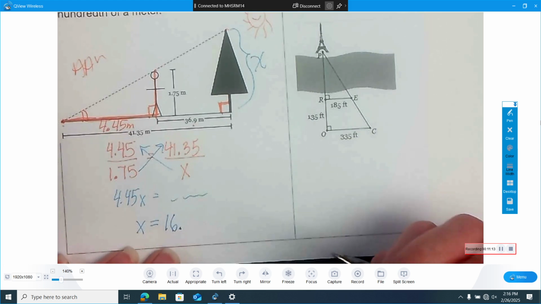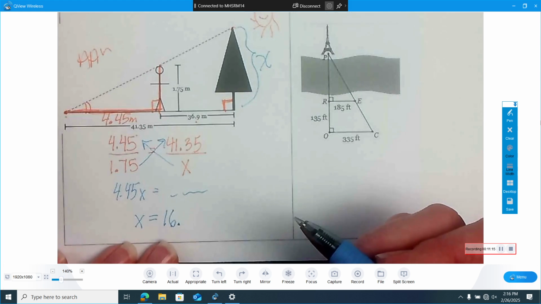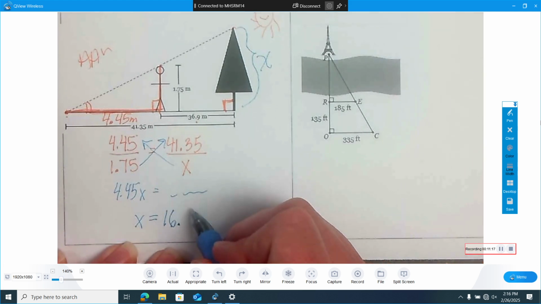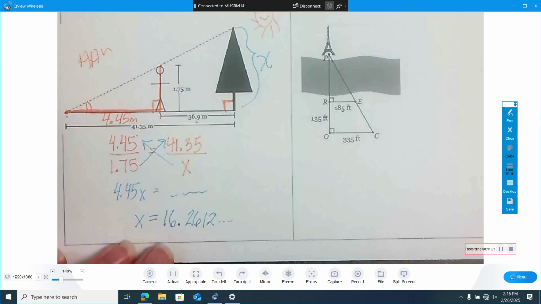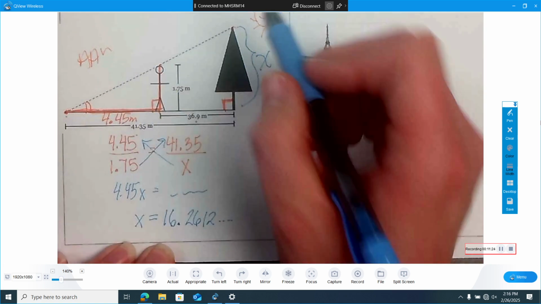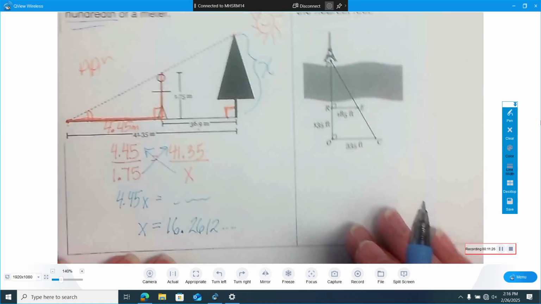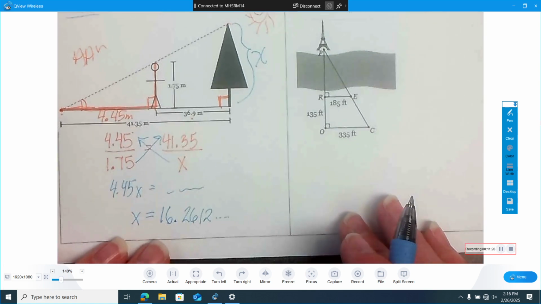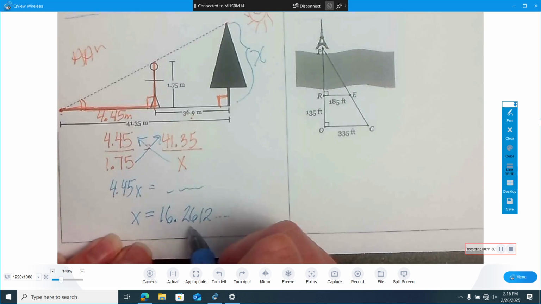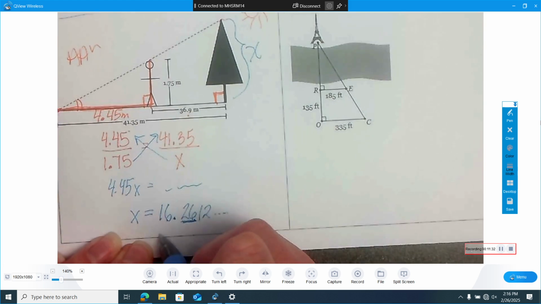16 point... Nobody did it. We'll let you all off the hook. 16.2612... it went on for a while. We want to round to the nearest hundredth of a meter. Hundredths means we need 2 decimal places.